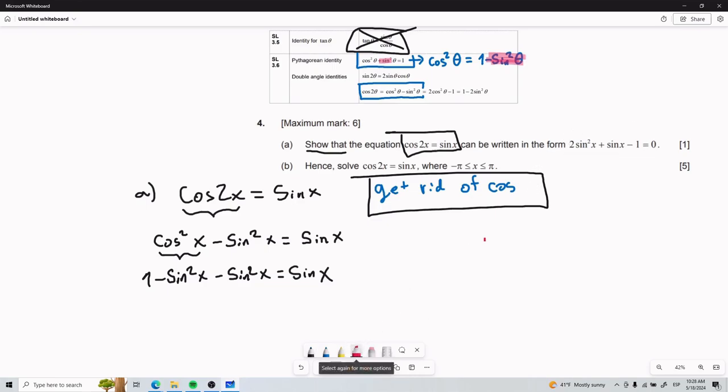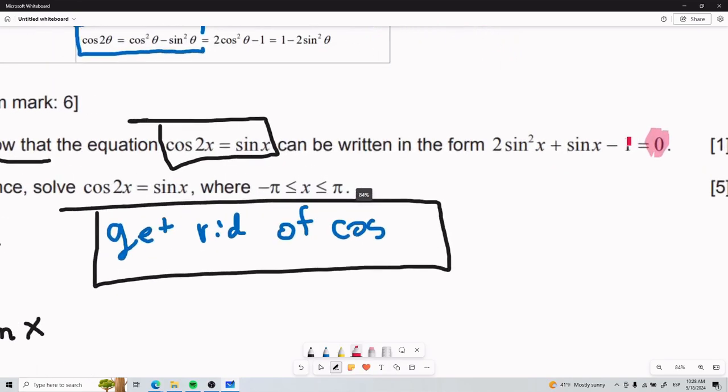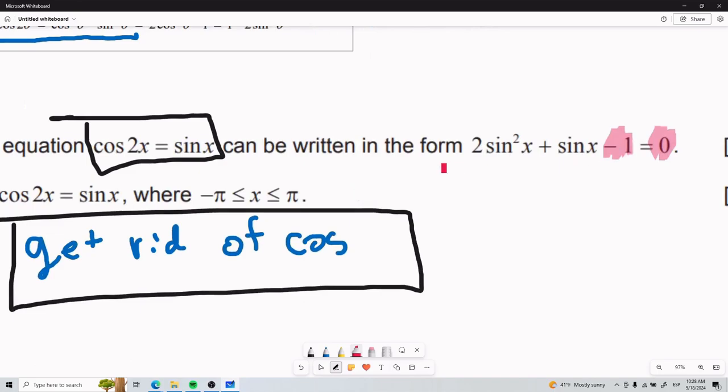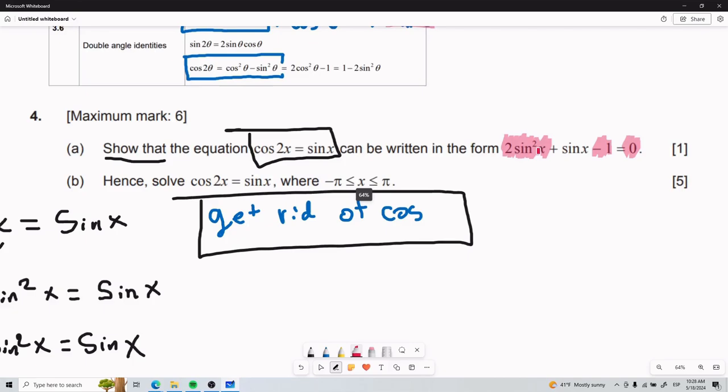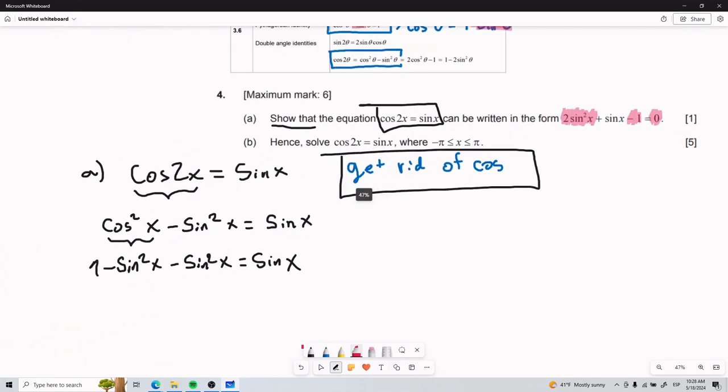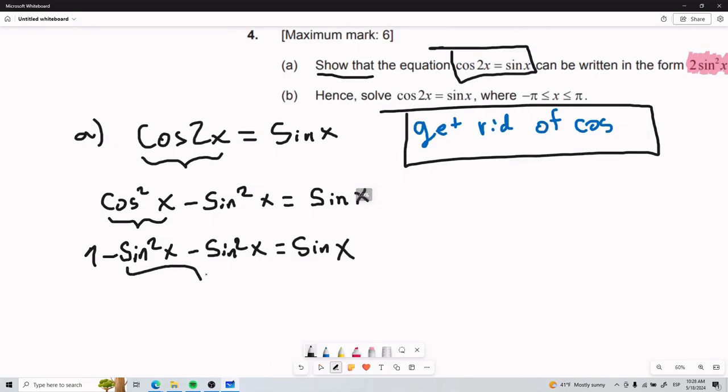On the one hand, we have it equal to 0. And on the other hand, notice you have a minus 1 and a positive for the sine squared. We want to leave sine squared positive and have it equal to 0. Those are the main things we have to do. So if I combine over here, I end up with 1 minus 2 sine squared x equals sine x.